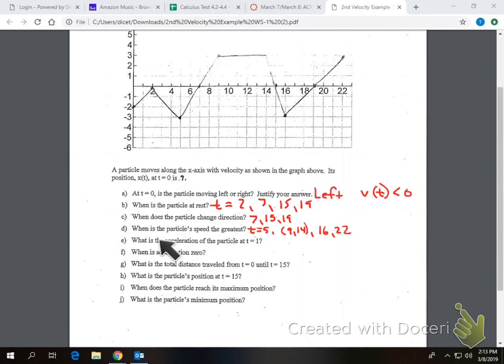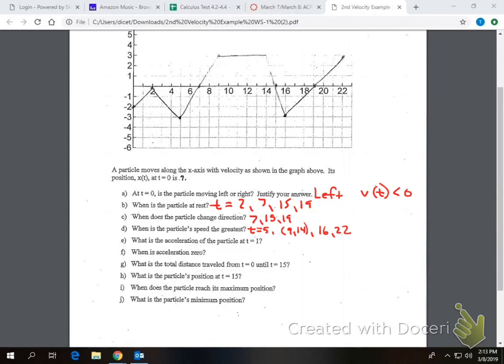What is the acceleration of the particle at t equals 1? So right here's t equals 1. Isn't acceleration the derivative of velocity, which is the slope right here? So what's the slope, guys? 1.